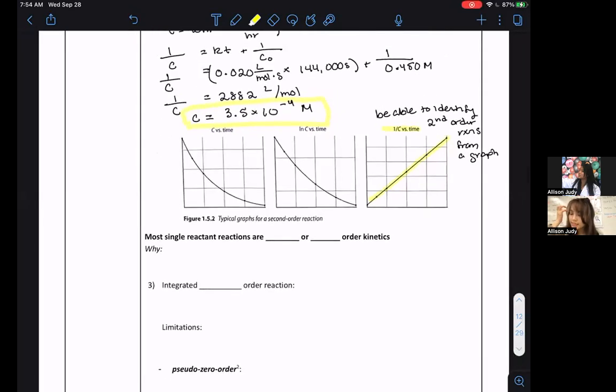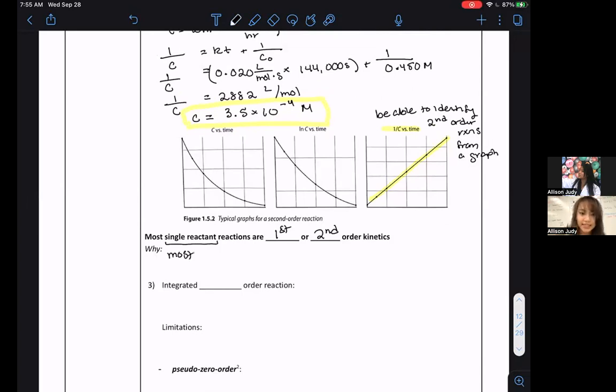Okay, so it's important to realize that most single reactant reactions are first or second order kinetics, therefore allowing us to use first and second order integrated rate law. Why is this?